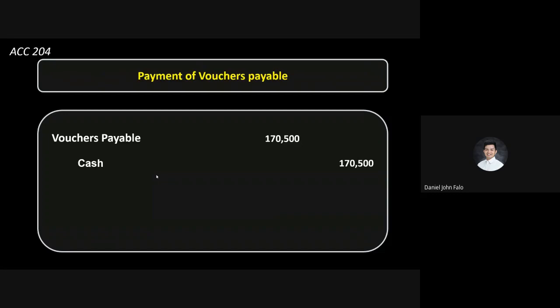This 170,500 was the total of the amounts that has been computed before, starting from the purchase of materials, the returns of materials, then our vouchers payable for payroll, as well as the vouchers payable for the factory repairs.